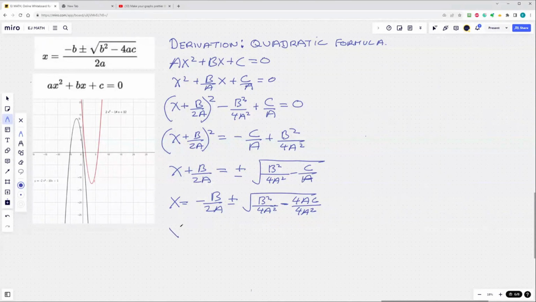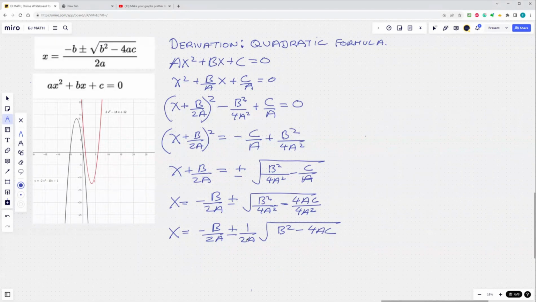So that gives us again x is equal to minus b over 2a plus or minus. Now the square root of 4a squared is 2a. Okay, so I can pull out 2a. So it'll be 1 over 2a, and then I'm going to have the square root of b squared minus 4ac.